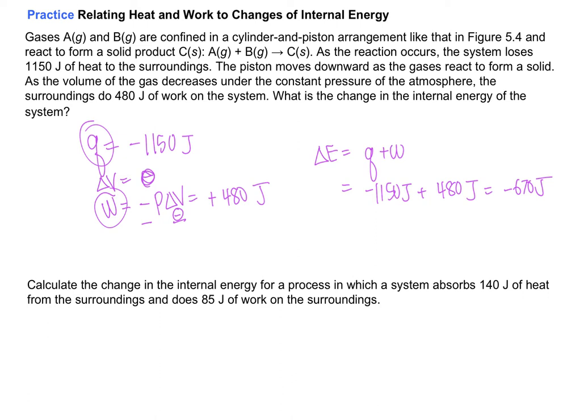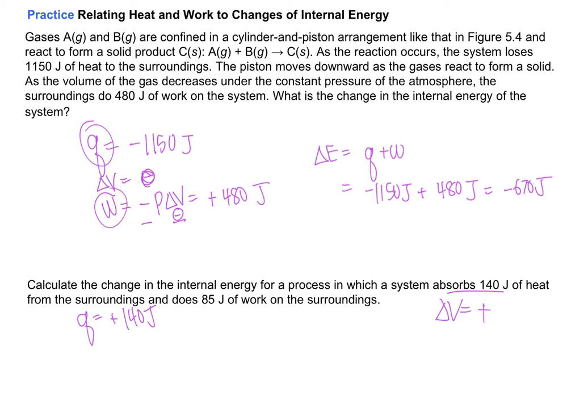Okay, so now in a different problem, a system absorbs 140 joules of heat, so Q is positive 140 joules, and it does 85 joules of work on the surroundings. So I think about that. My system is doing work on the surroundings, so it's pushing up, which means that delta V is going to be positive.